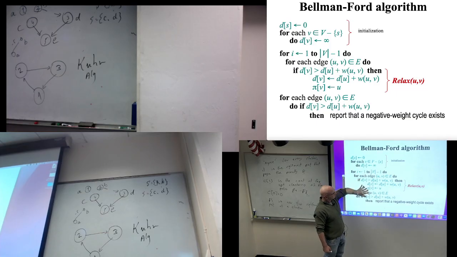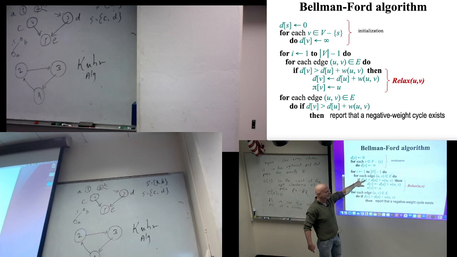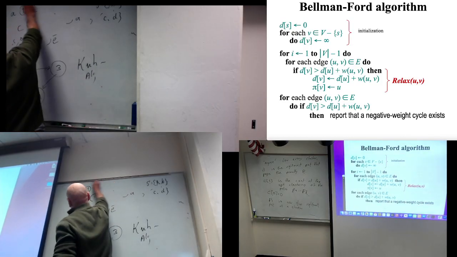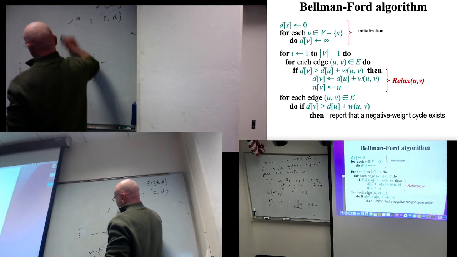And now, what I'm going to do is to perform the relax operation. Let's meditate for a second about the relax operation. D of V will be some estimation of the path to V, some estimation of the cost of the path. S is the same all the time. It's a single source. I should have said it actually. S is a single source. D of V is my estimation of the path to V. What is a relax operation right now?